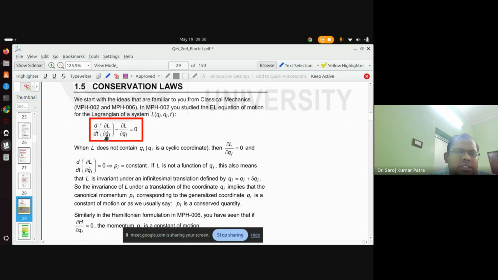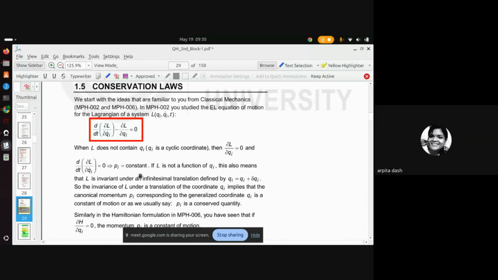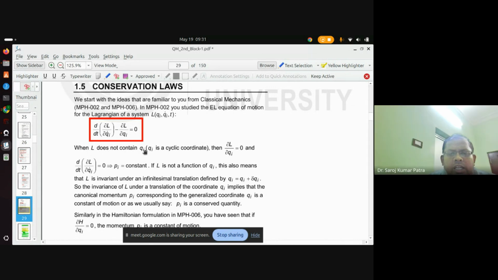This implies the first term will become 0 because the right hand side is 0, right? So that is what it is telling. When L does not contain Qi, then del L by del Qi will be equal to 0. If del L by del Qi is equal to 0, that means d by dt of del L by del Qi dot will also become 0.